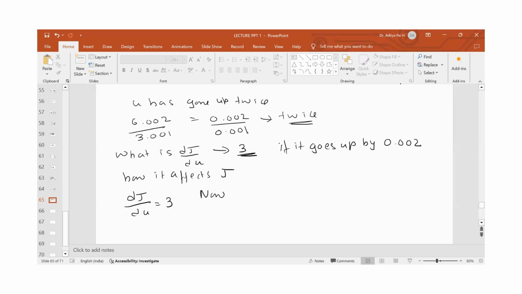Now for b equal to 3, if it is increased to 3.001, u is bc, which is 6, so you will get 6.002. Therefore du by db is twice, it has been increased twice.